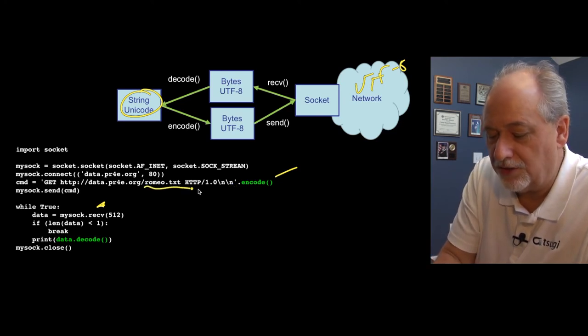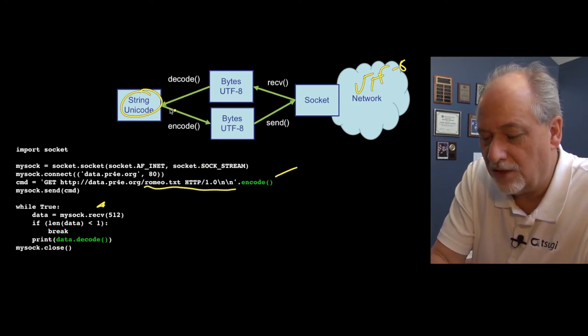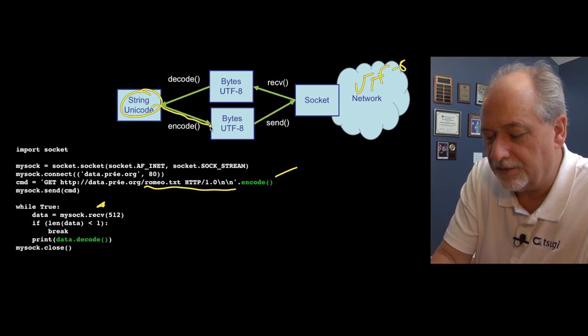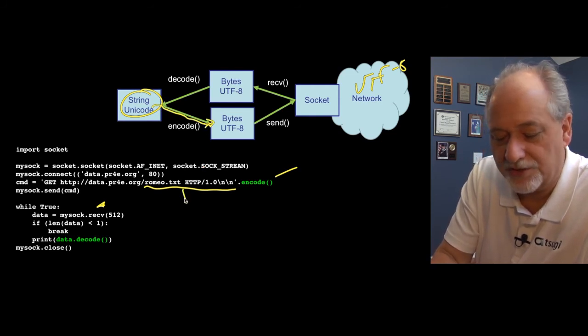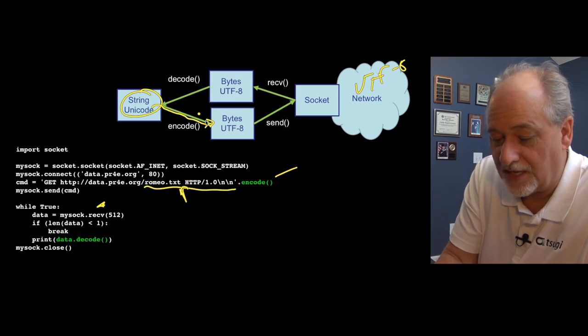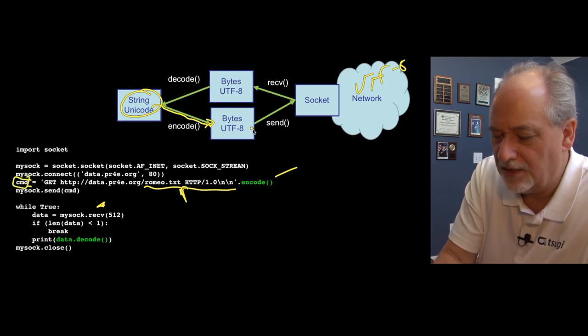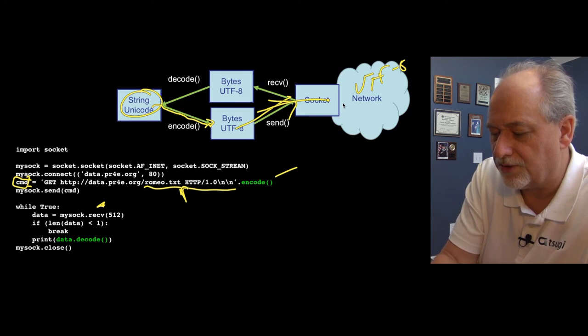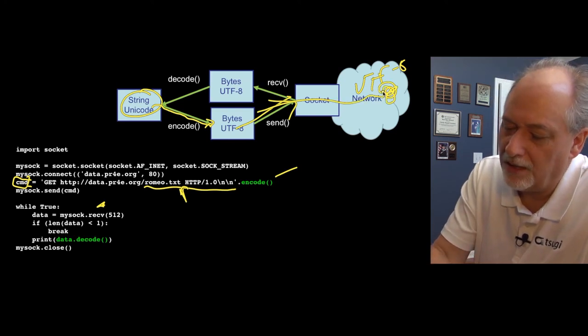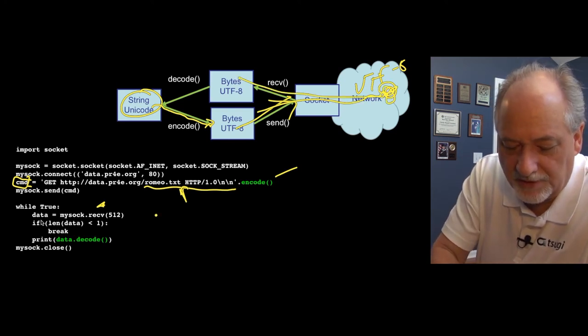Before we can send it, we have to send it in UTF-8. If that had Asian characters, it would be okay, and it would be set up just right so that the UTF-8 would be right. So we encode it first, and that's this cmd. This is now bytes. Then we actually send the bytes, and that goes across the network.